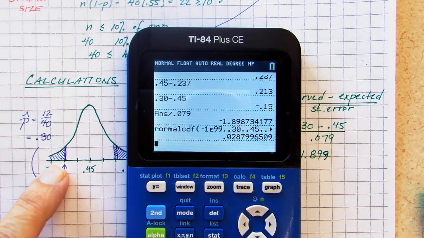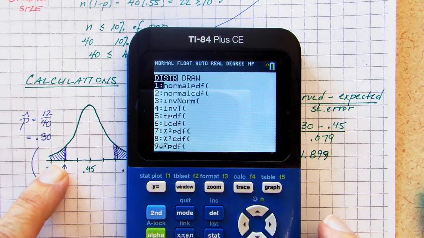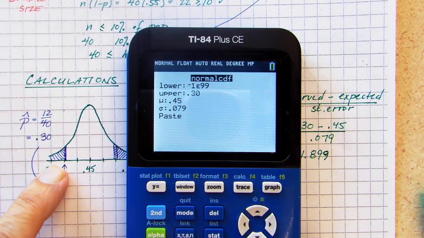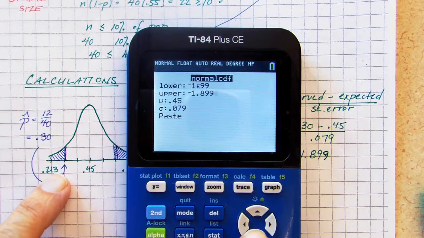Now, of course, I could also use the z-score, second distribution, normal CDF, and then I'll use a z-score. This was a negative 1.899, but that's assuming a standardized norm of 0 and a standard error of 1.